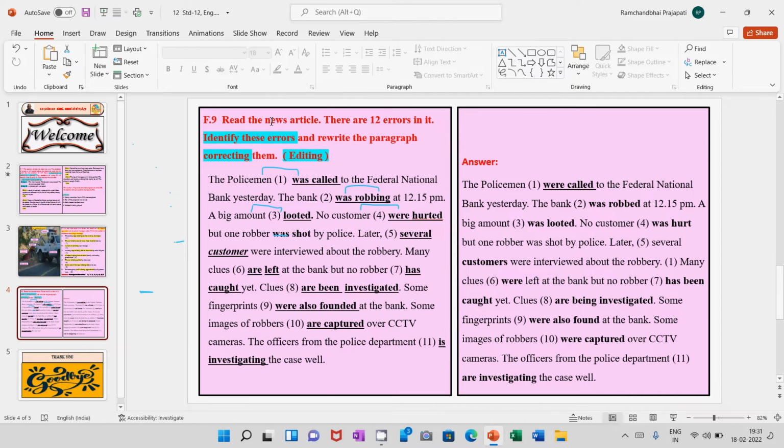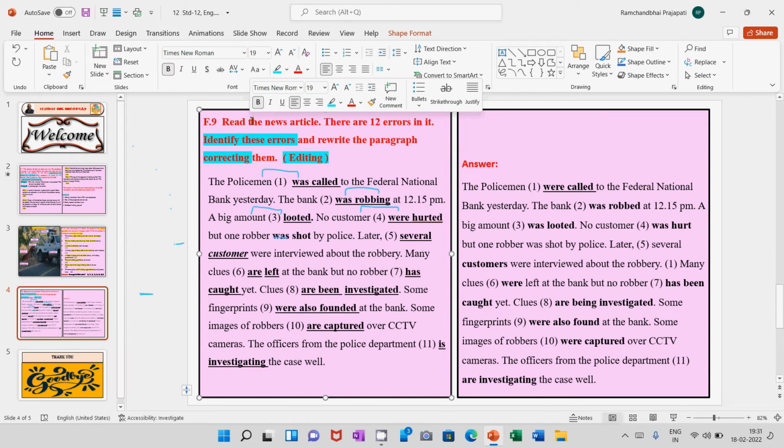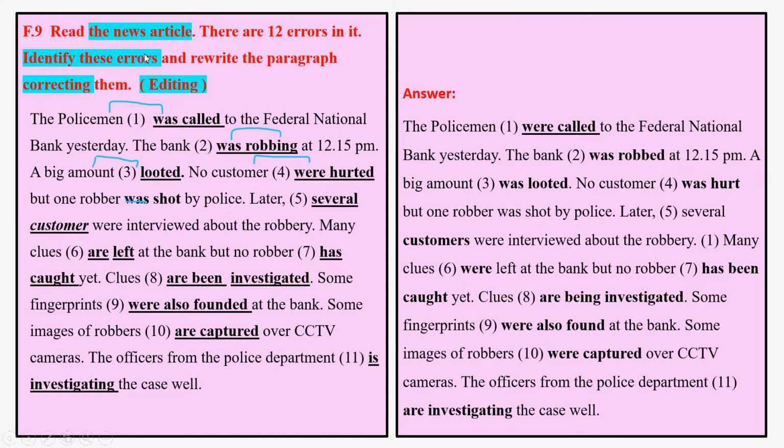Read the news article. Here is the news article. Friends, in the beginning we saw that this type of language, where the process is put first, will take the B form, the third form. Now here, this news article is written this way, this is one way and this is another.